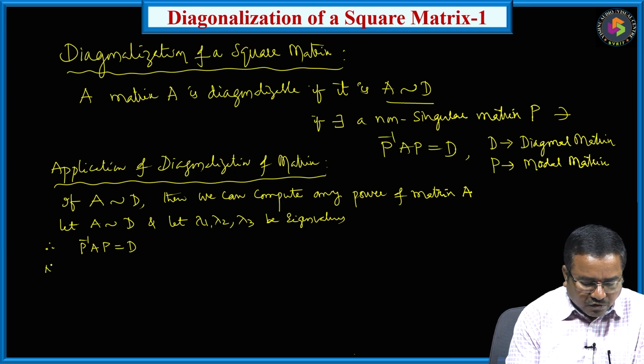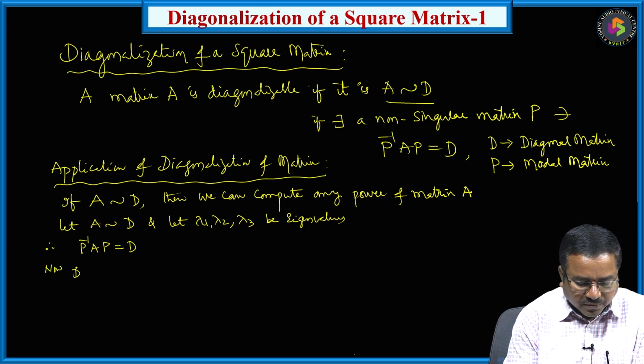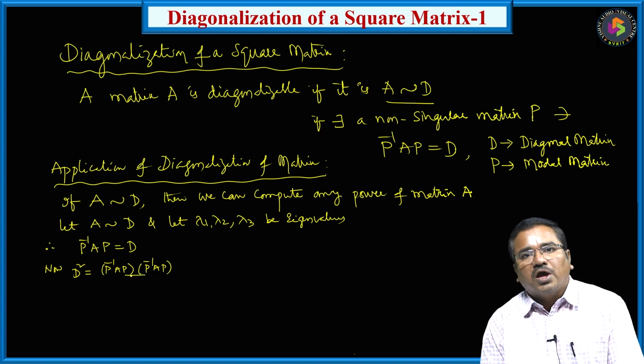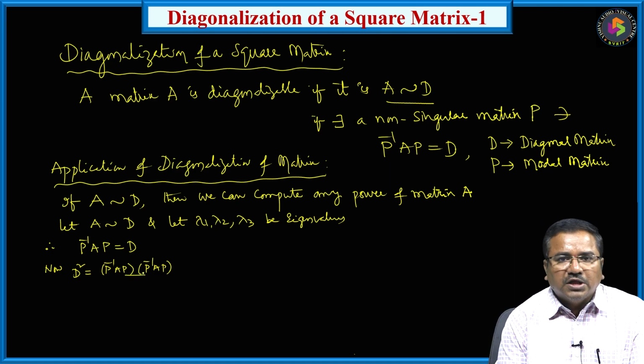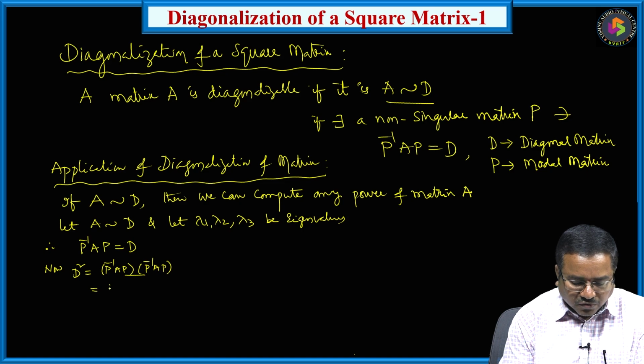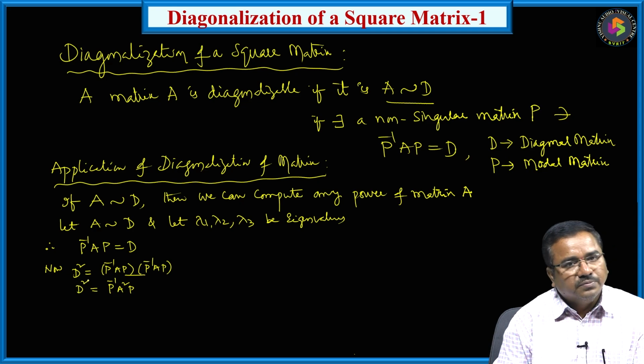Now, find D square. How do we get D square? D into D gives P inverse AP times P inverse AP. If you look at the middle, P P inverse is equal to I, and any matrix multiplied with the identity matrix stays the same, so in the middle A square will come. Simplifying, we get P inverse A square P. So this is D square.